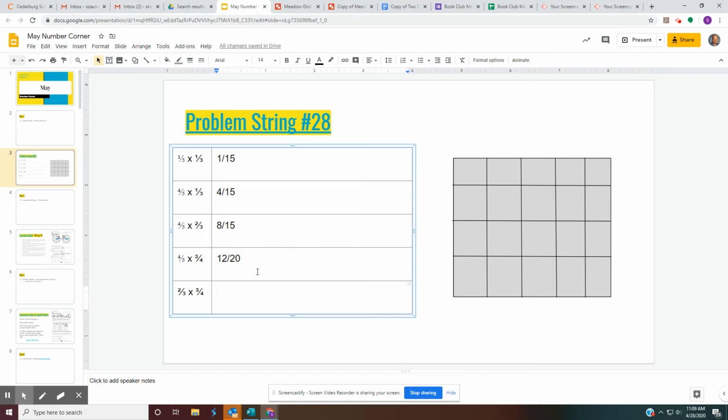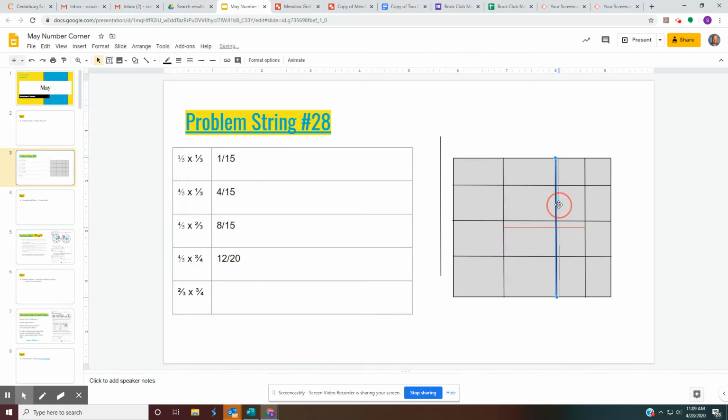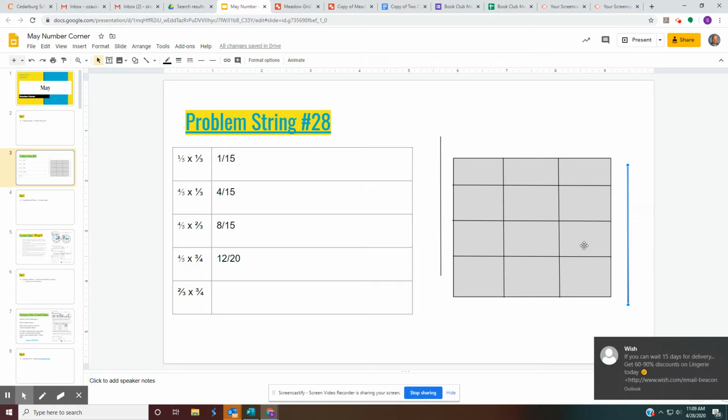Well, a part of me is already divided up into fourths, so I have to find some way to divide my rectangle into thirds. Would you agree that that's how it is? So now I have thirds and I have fourths. Good. So I have 2/3 that I'm shading in and 3/4 that I'm shading in.